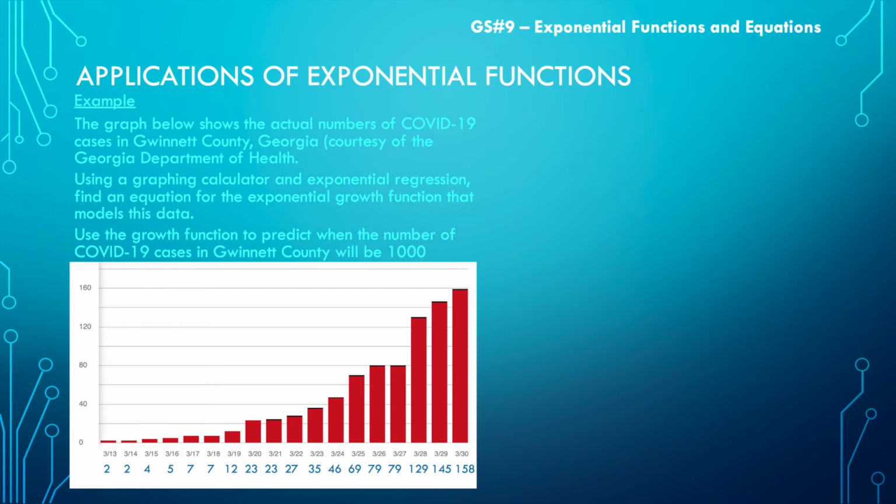The first thing that you need to do is create a table of the data. So one column of your data is going to represent the number of days since, this is day 1, since March 12th. And then the second column in your data will represent the number of COVID-19 cases that have been reported in Gwinnett County.